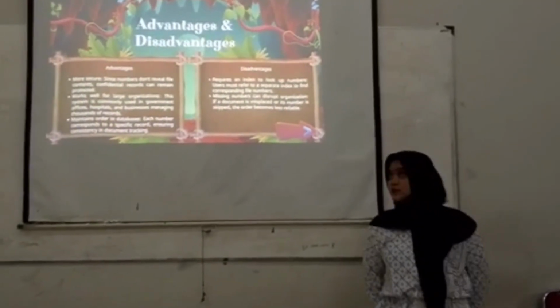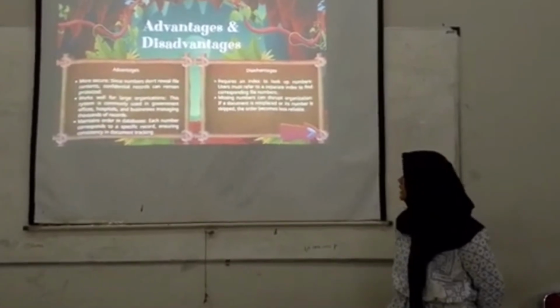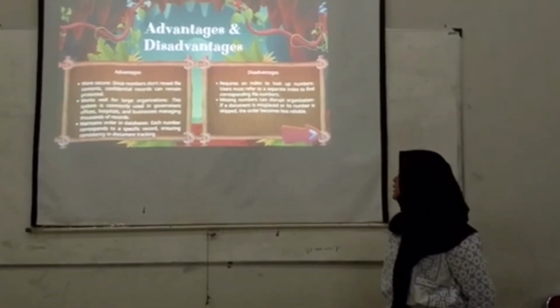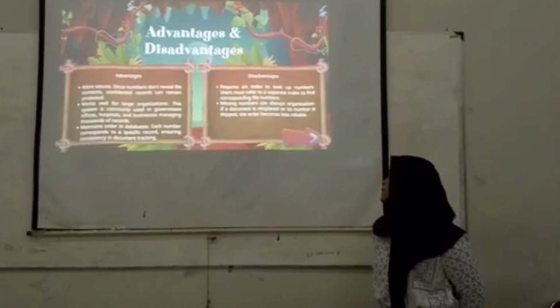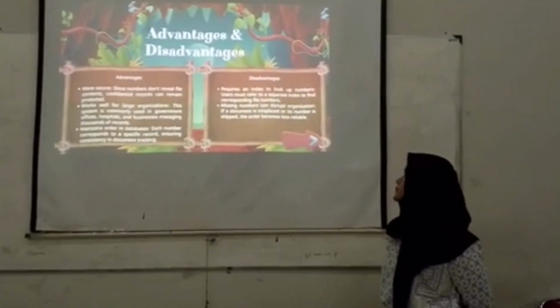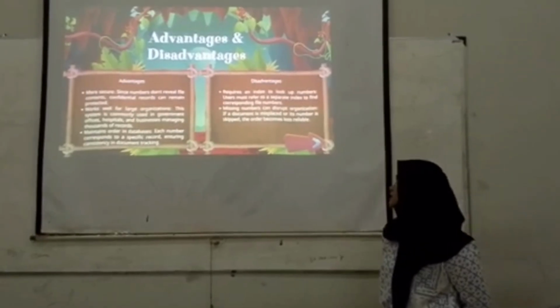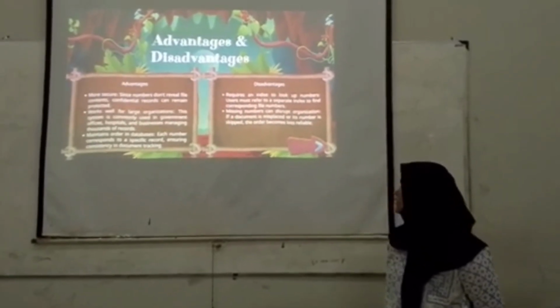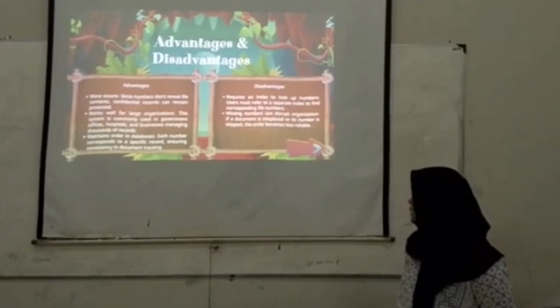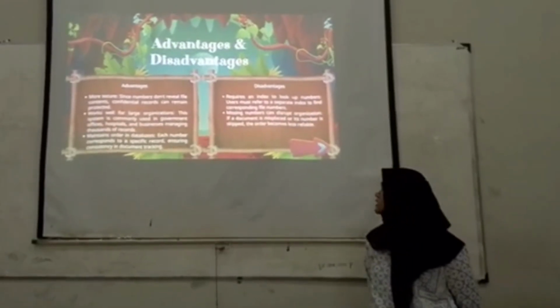The last is the disadvantage: it requires an index to look up numbers. Users must refer to a separate index to find corresponding file numbers. Missing numbers can disrupt organization. If a document is misplaced or its number is skipped, the order becomes less reliable.